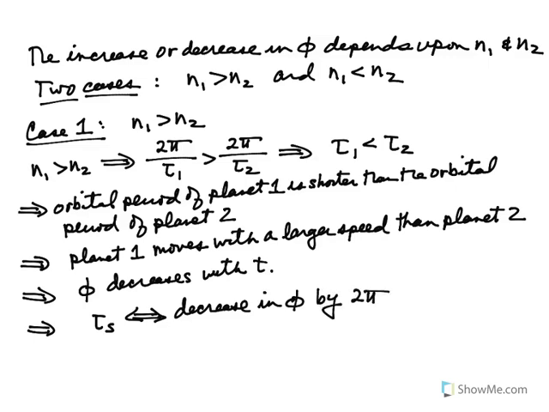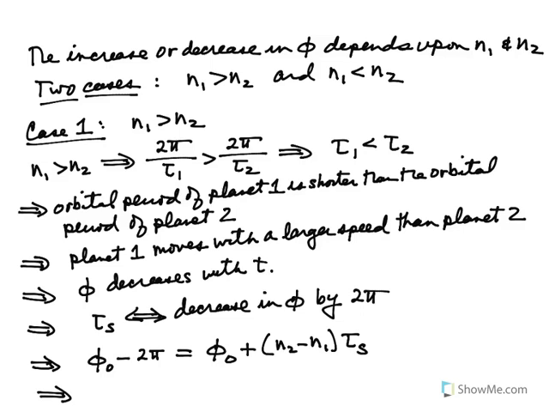So if phi 0 is the initial phase angle, what that tells me is that phi 0 minus 2 pi is going to equal whatever the phase angle was initially, plus n2 minus n1 times the synodic period, from which I can actually solve for the synodic period. So I get that the synodic period is equal to 2 pi all divided by n1 minus n2, and that's when n1 is greater than n2.